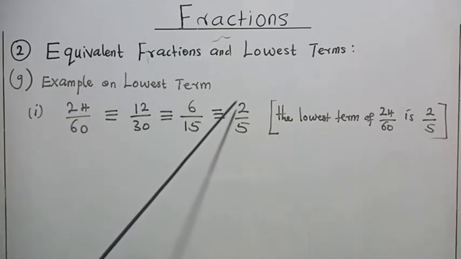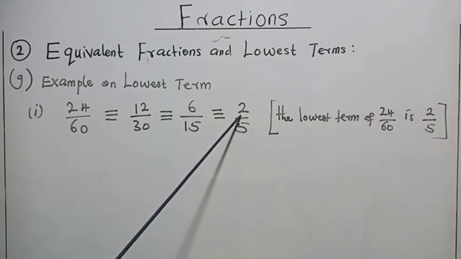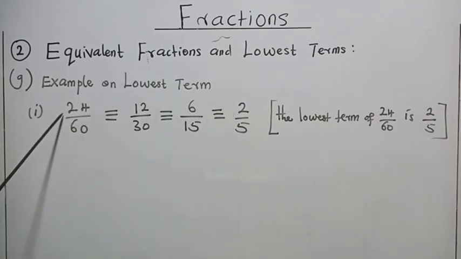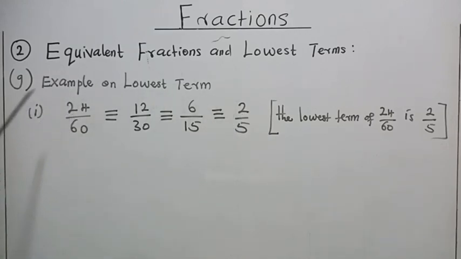That is, carrying out this exercise takes less time, takes less energy than what is required in accomplishing this one. That is why we say that this is more practicable than this. As a result, 2 over 5 is the lowest term of 24 over 60.